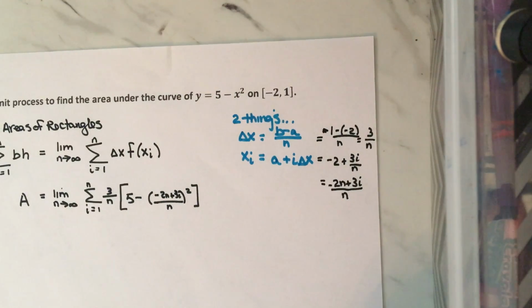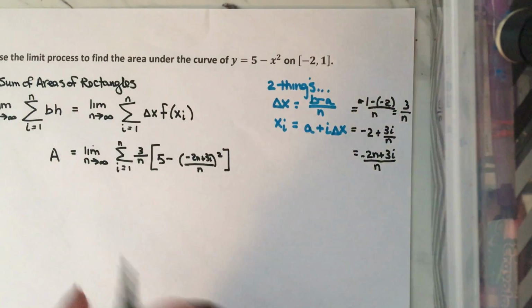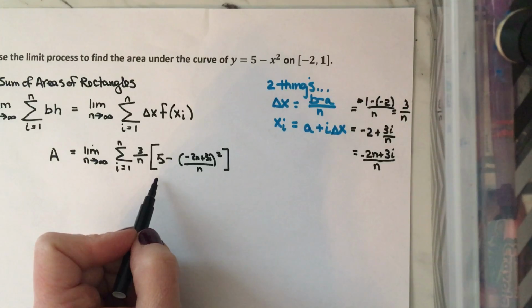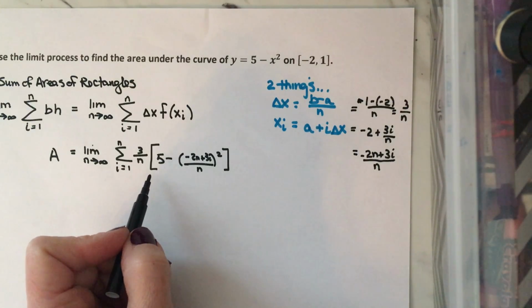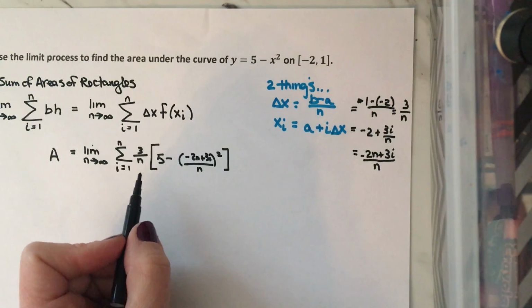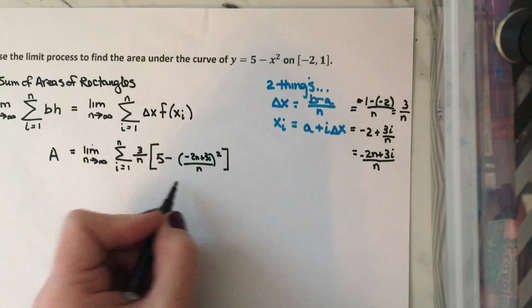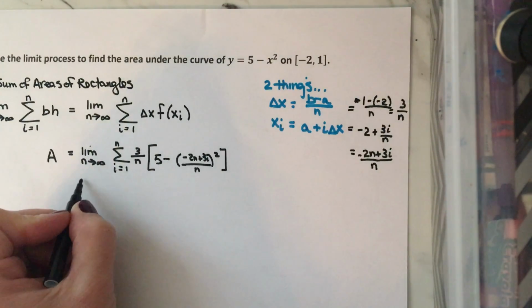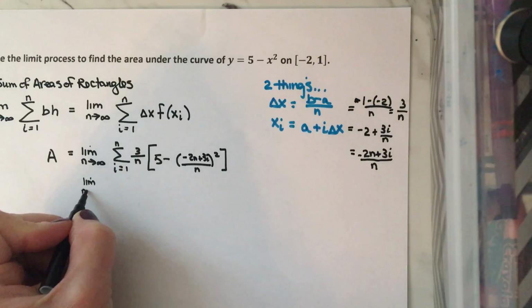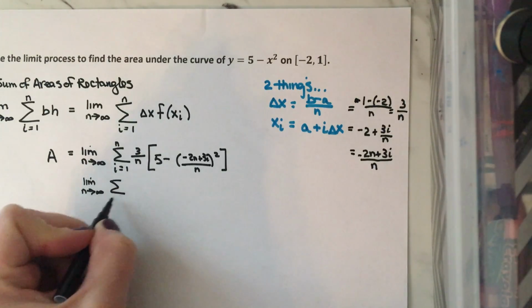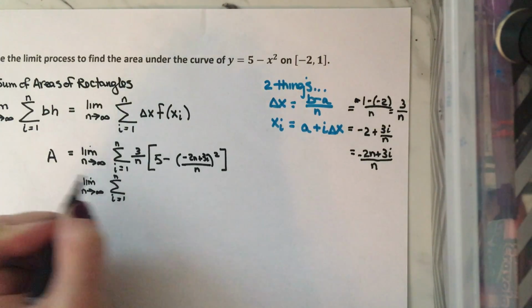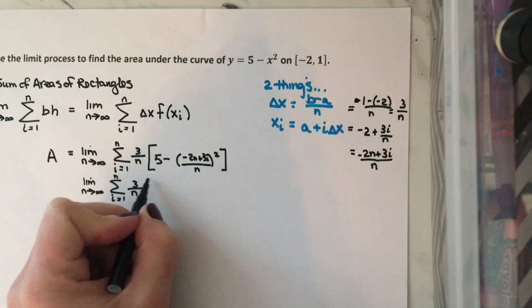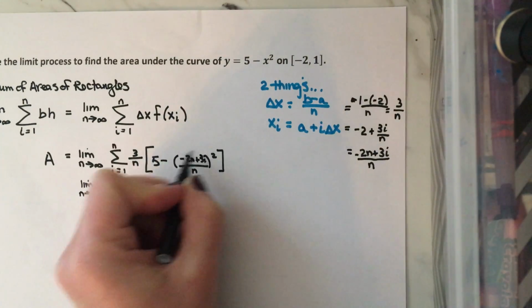All we need to do, which is going to take us a long time to do, is to clean this up at this point. And remember, when we did this, there were a lot of different ways you could go about cleaning this up. It's kind of your preference there. I'm going to just keep everything in the summation at the moment. This isn't necessarily right or wrong, it's just what I choose to do. I'm going to FOIL this out.